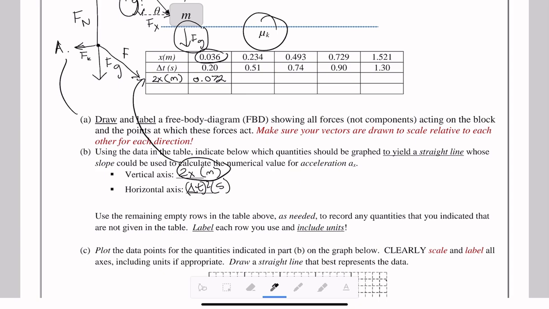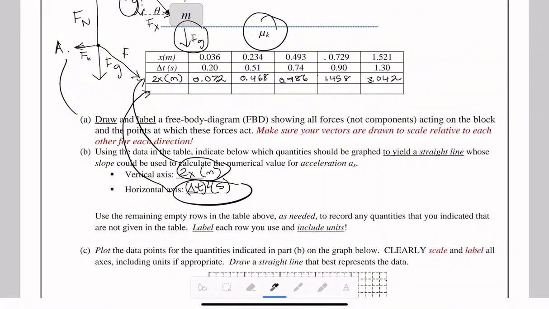I'm going to do that for the rest of the values. So this becomes 0.468. This becomes 0.986. This multiplied by 2 is 1.458. And this multiplied by 2 is 3.042. Okay, and then now we can move on to the horizontal axis here.